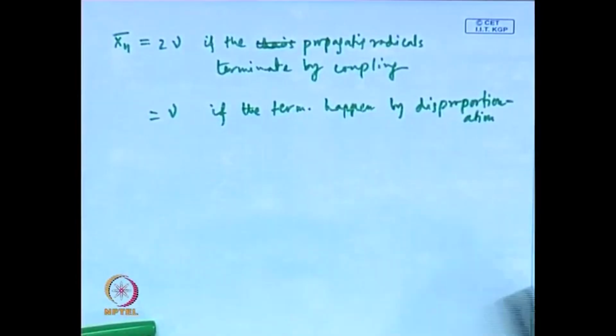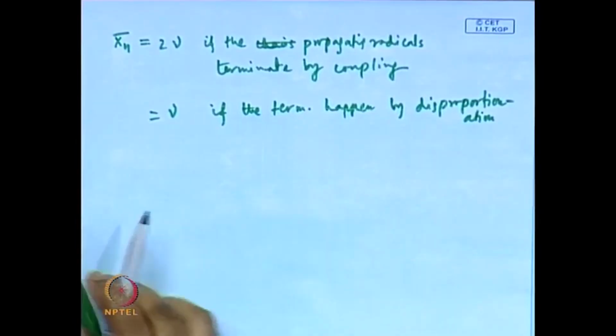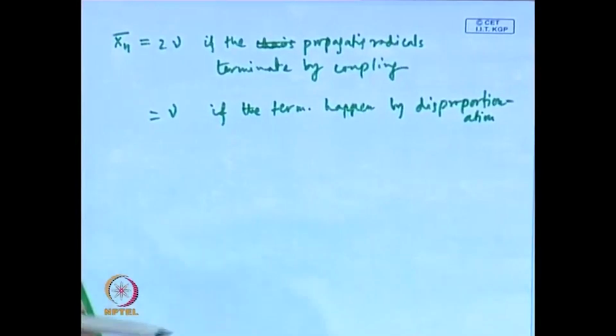If I have a propagating radical having an active species here, and I have another radical at the end of another propagating chain, this has an average number of monomer molecules nu, and this also has an average number of monomer molecules nu.